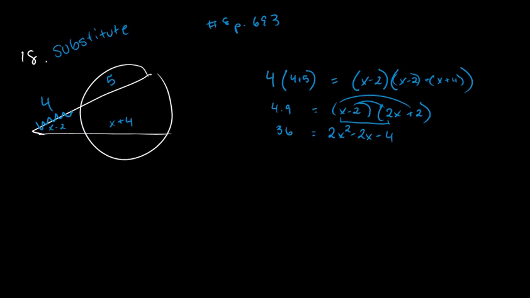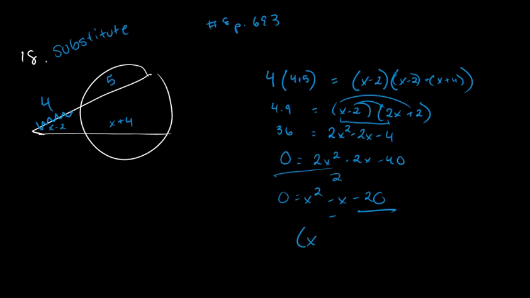Now if I go ahead and combine all of my terms, for 0 on one side, 2x squared minus 2x minus 40, I do see that they all have one number in common, and that is 2. So I'm going to go ahead and divide everything by 2, just to make it easier on myself. X squared minus x minus 20. Alright, well, what factors a 20? Add to negative 1.